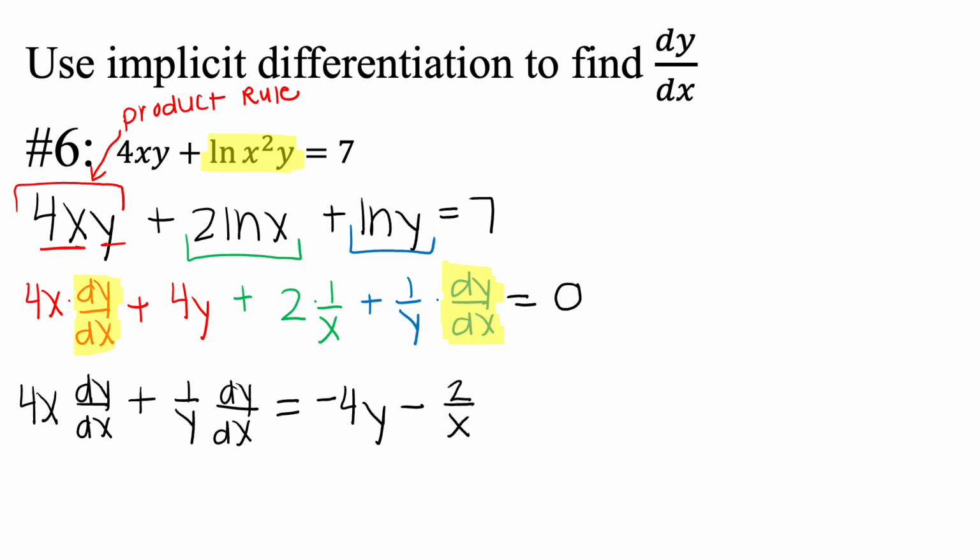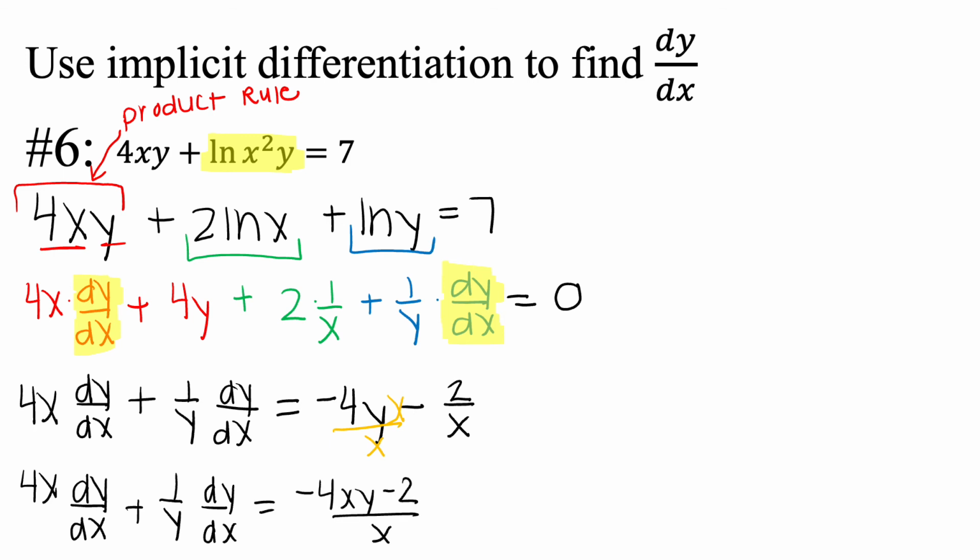And just like I did in the last problem, just to make it nice and clean, I'm going to multiply by x over x, so I have a common denominator. So this becomes 4x dy/dx plus 1 over y dy/dx equals negative 4xy minus 2 all over x.